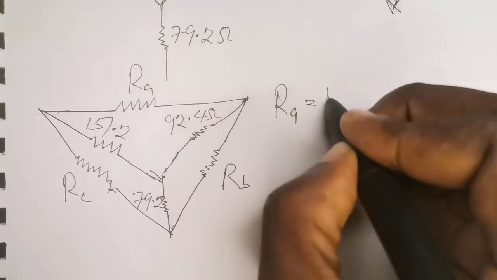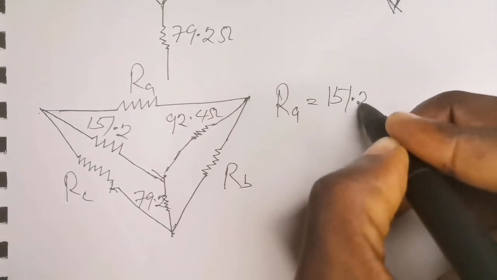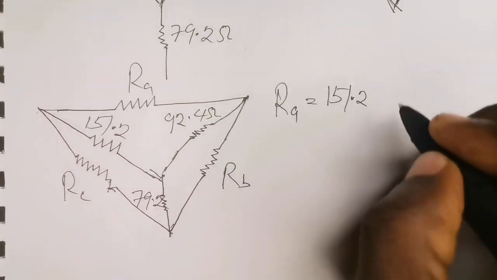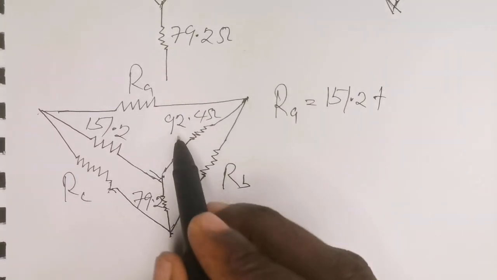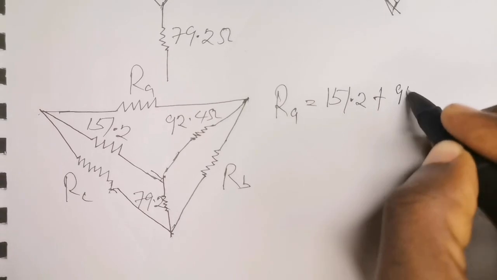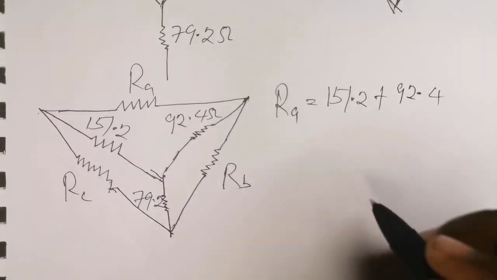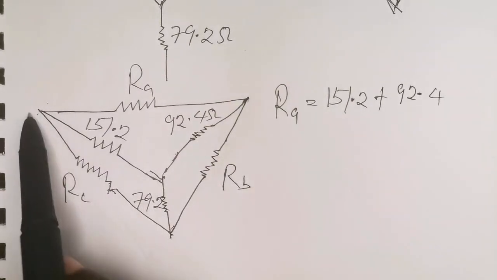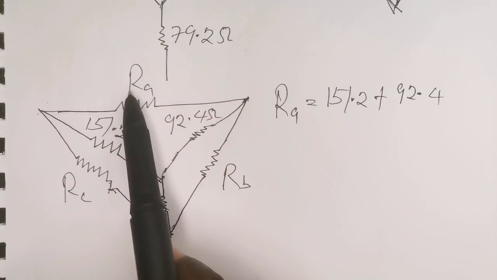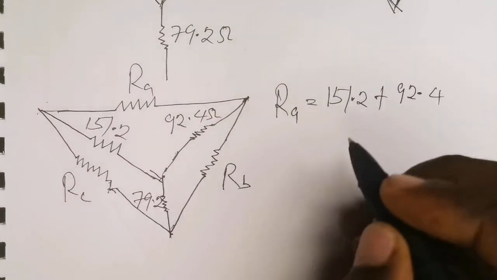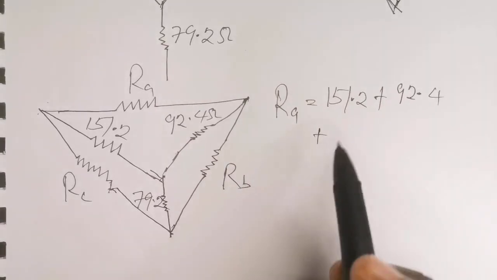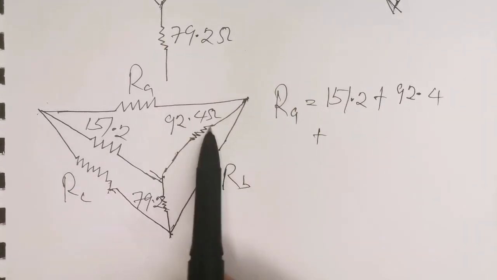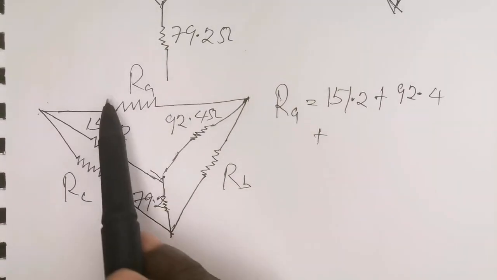That is 151.2 plus you have a 92.4. Okay, now these are the resistors which form a complete triangle with RA. Now the next thing to do is plus, you still find the product of these same two which forms a complete triangle with RA.